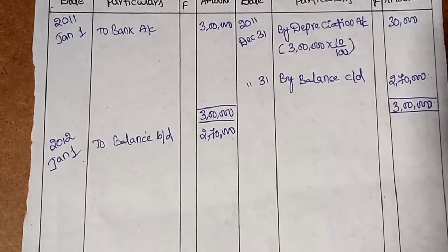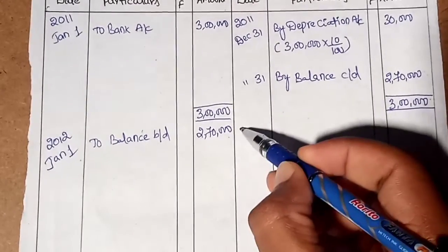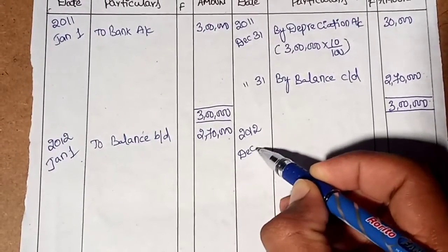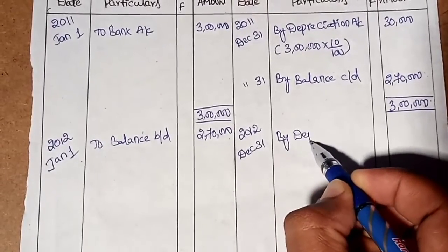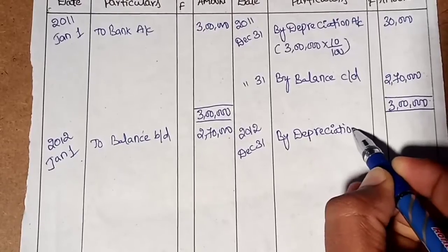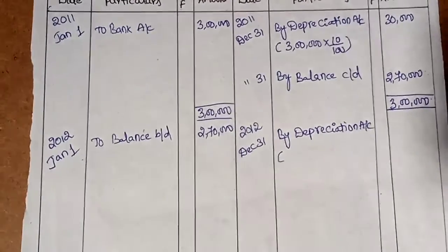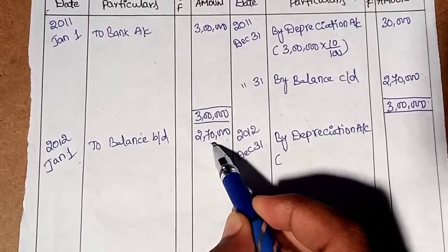Now for this year also we have to calculate depreciation at the books closing date, 2012 December 31st, by depreciation account. We should calculate depreciation on the book value of the asset.